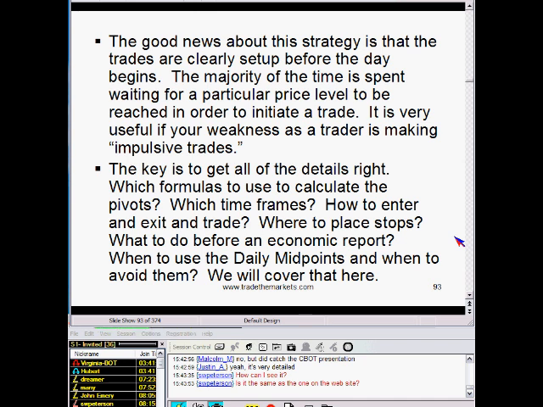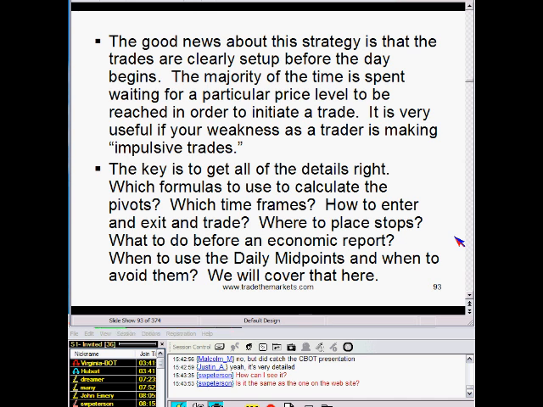In my experience working with people, anytime you're relying mostly on market orders and your weakness is impulsive trading, you're basically setting yourself up for disaster. You're not going to ever make any money consistently trading. Pivot plays are a good strategy to use if you have identified one of your trading weaknesses as being impulsive, because everything about the pivot strategy is very, very methodical.